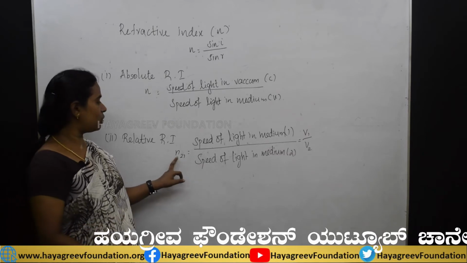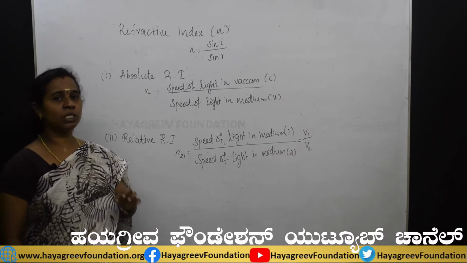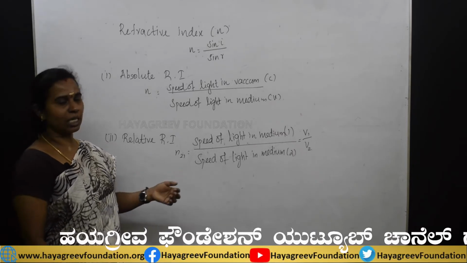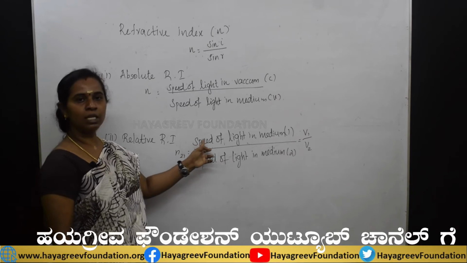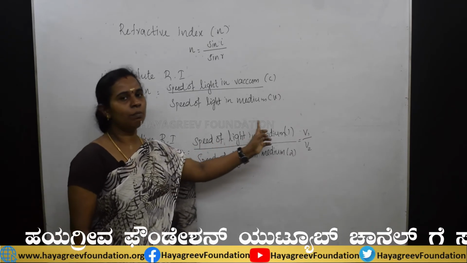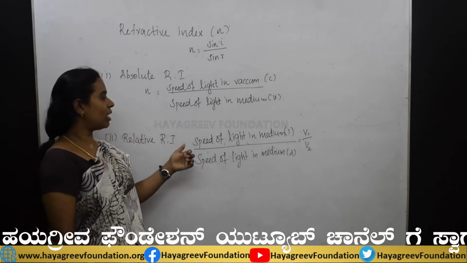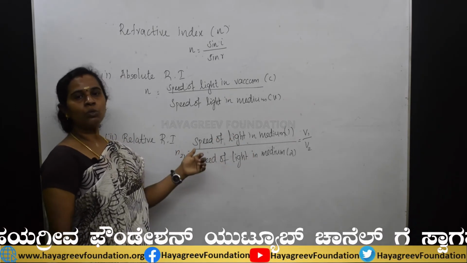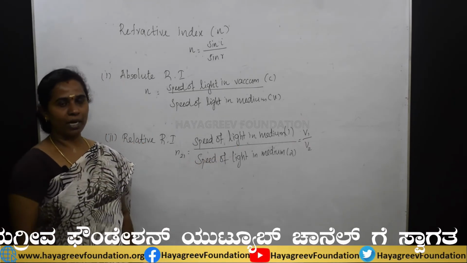Similarly we can use n12, the refractive index of the first medium with respect to the second medium. Here n21 is the ratio of the speed of light in medium 1 to the speed of light in medium 2. Otherwise, the ratio of the velocity of light in the first medium to the velocity of light in the second medium is called relative refractive index.